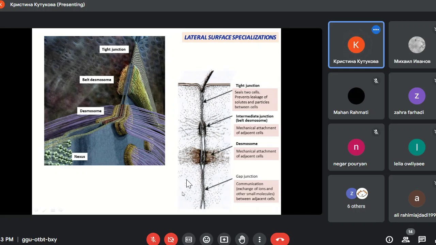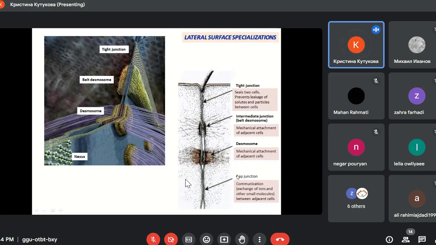And nexus, it is here, it is for communication between the cytoplasm of two adjacent cells, because this junction is composed of the proteins which make ion channels between the cytoplasm of one cell and the second cell, and some very small molecules and ions can pass through these ion channels from the cytoplasm of one cell to the cytoplasm of the second cell.